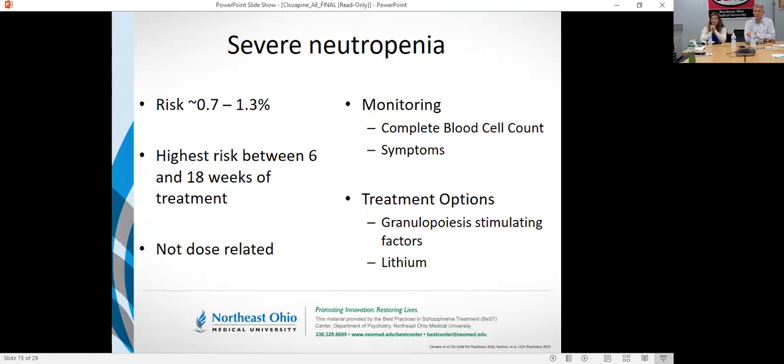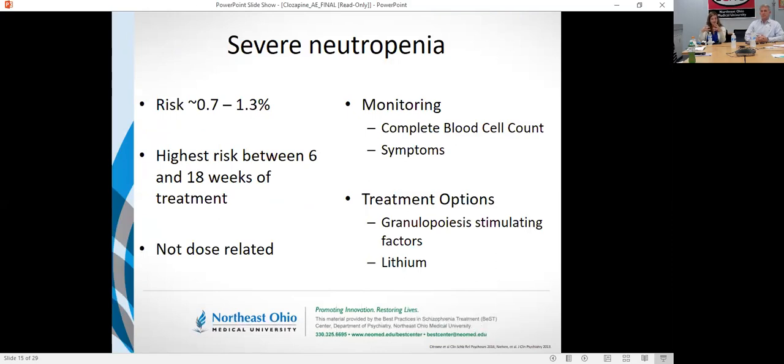From a prevention standpoint, the monitoring and watching for any symptoms of an infection are the two prevention strategies. From a treatment standpoint, if treatment is required, there are specific guidelines for when we need to alter how frequently our monitoring is.